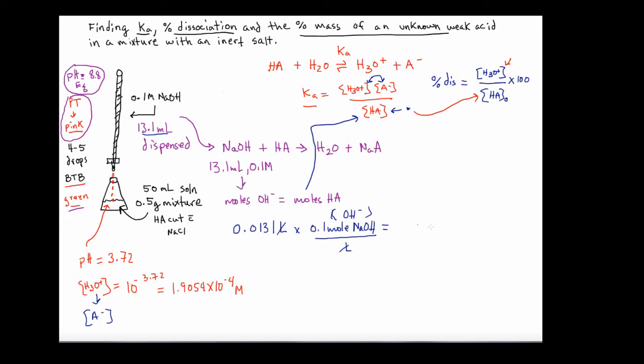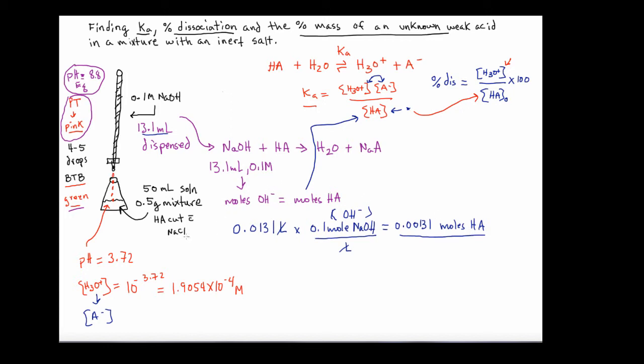Liters are out of here, and we've calculated at this point the moles of the HA: 0.00131 moles of HA. Now, we need the molarity of this because when we find Ka or we find percent dissociation, we have to use the molarity of the original HA solution.